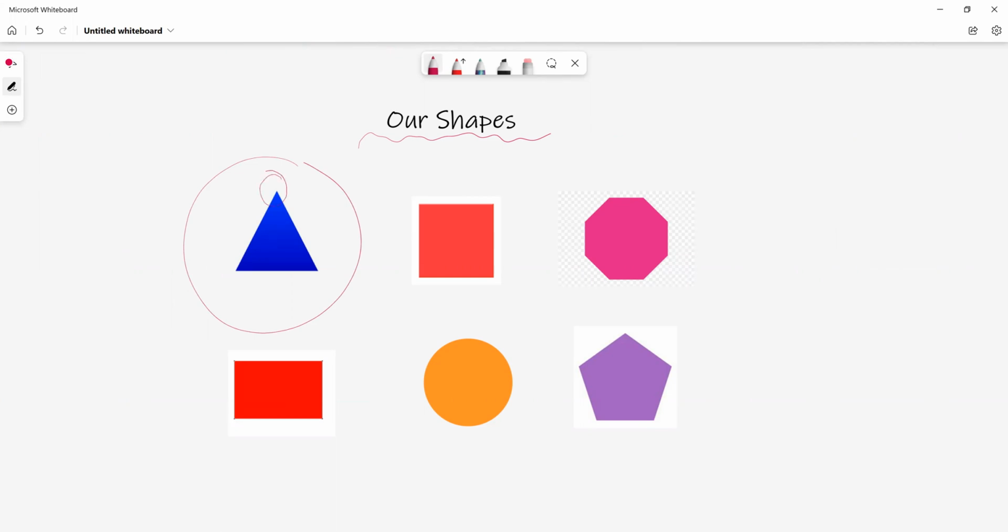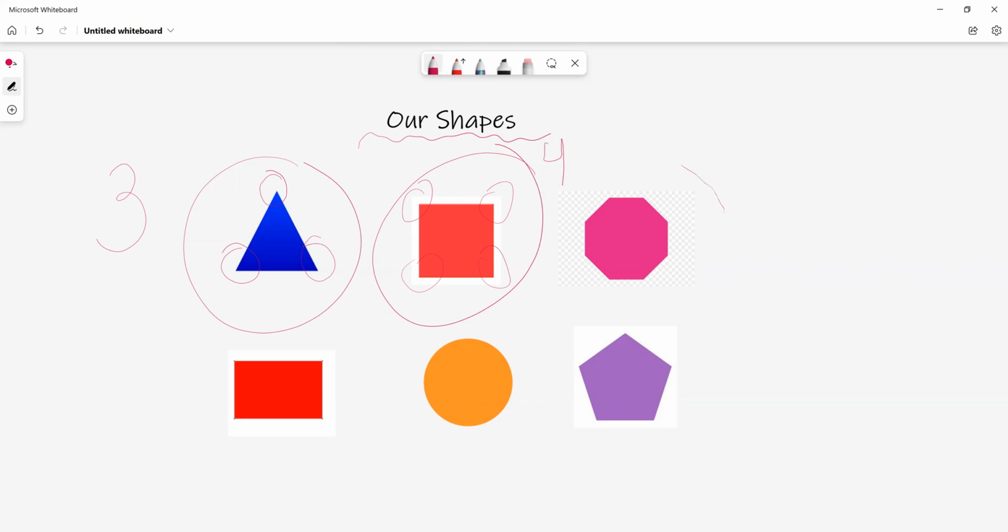Let's count. 1, 2, 3. 3 sides. Now we have a square. How many sides does our square have? 1, 2, 3, 4. It has 4 sides.